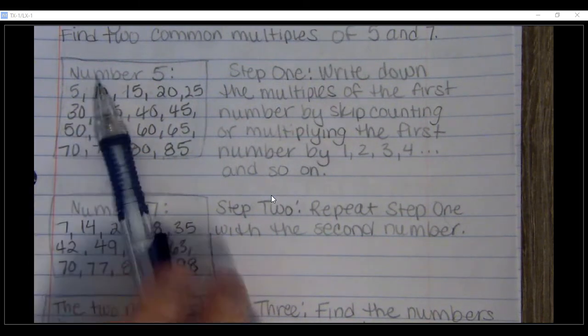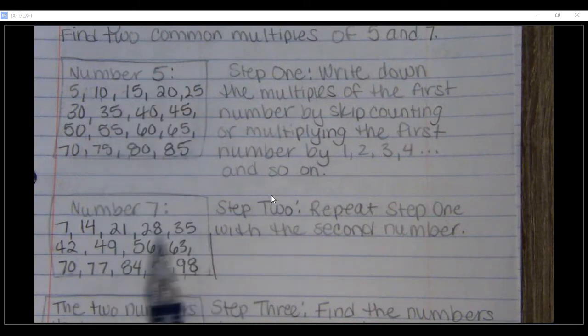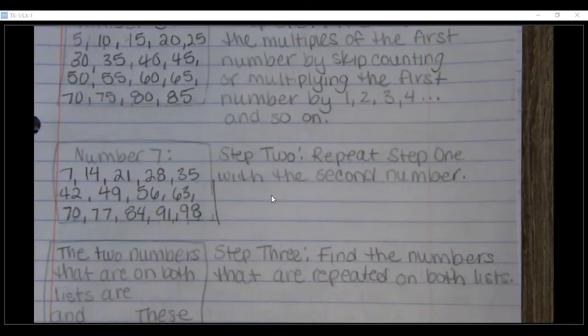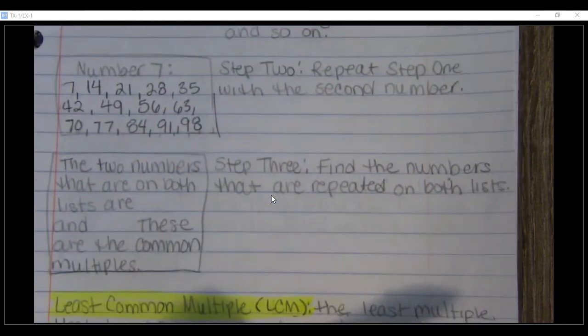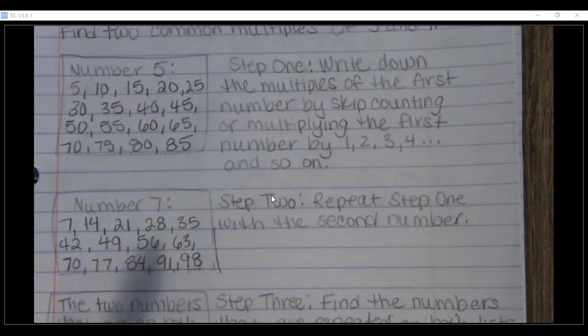So I have my multiples of 5. I have the multiples of 7. Now I'm going to move on to step 3. And step 3 says find the numbers that are repeated on both lists. So my list says right here.